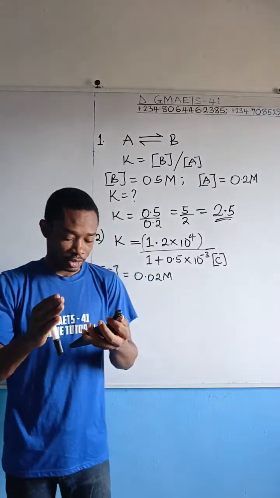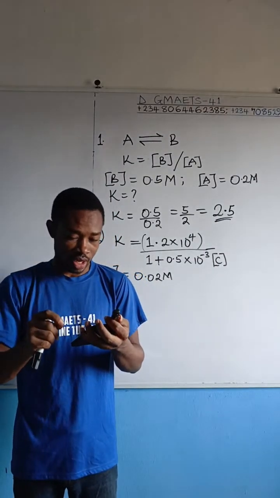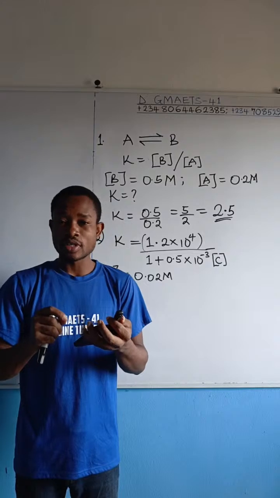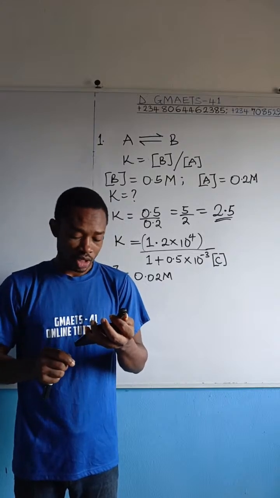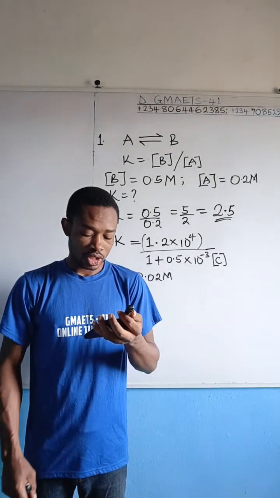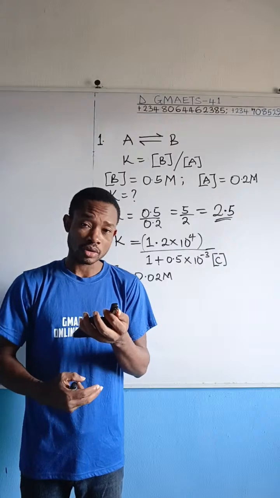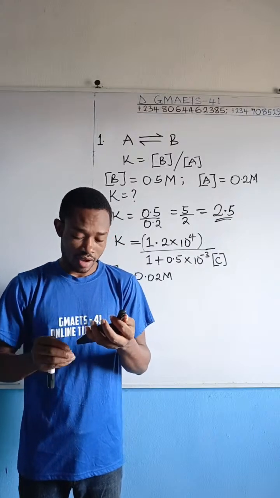Now listen to the options. 1.2 times 10 to the power of 4, that's option A. Option B, 1.0 times 10 to the power of 4. Option C, 0.8 times 10 to the power of 4. Option D, 0.6 times 10 to the power of 4. Those are the options given.